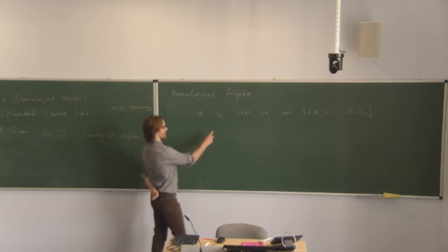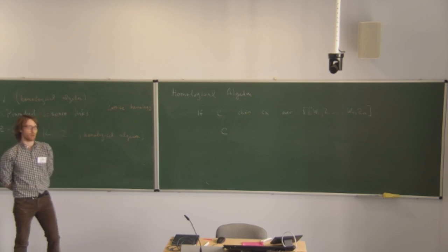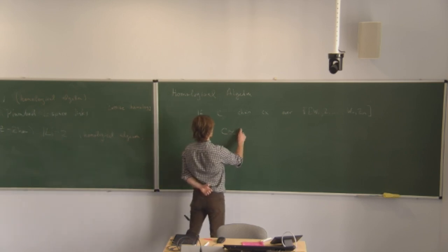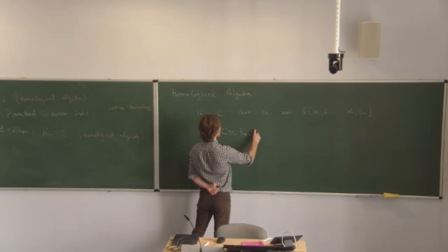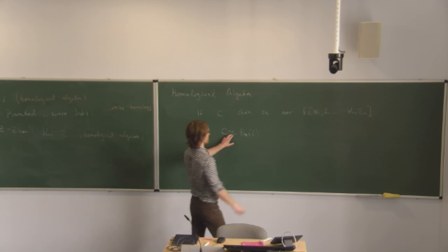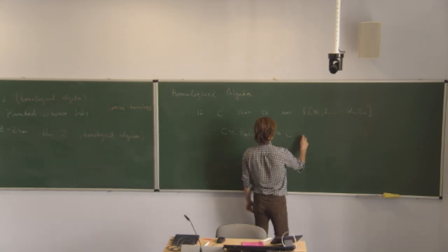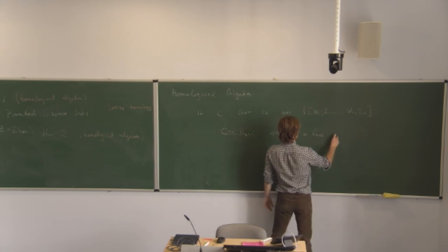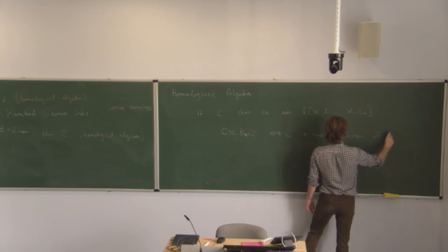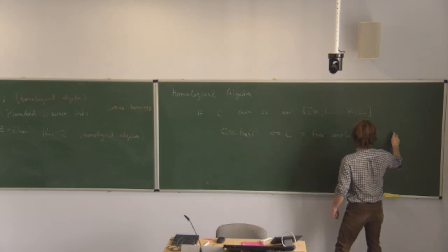Being a free resolution just says that you have a homotopy equivalence of C as a chain complex with your homology, viewed as a chain complex with vanishing differential. This is equivalent to C being homotopy equivalent to a free resolution of its homology.